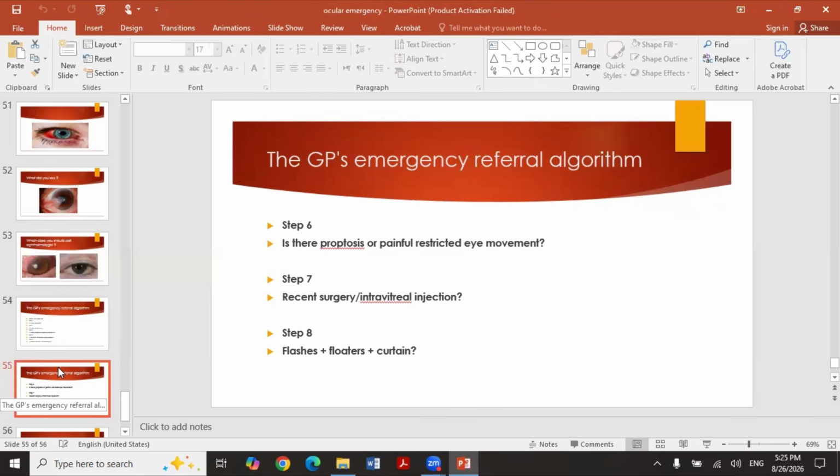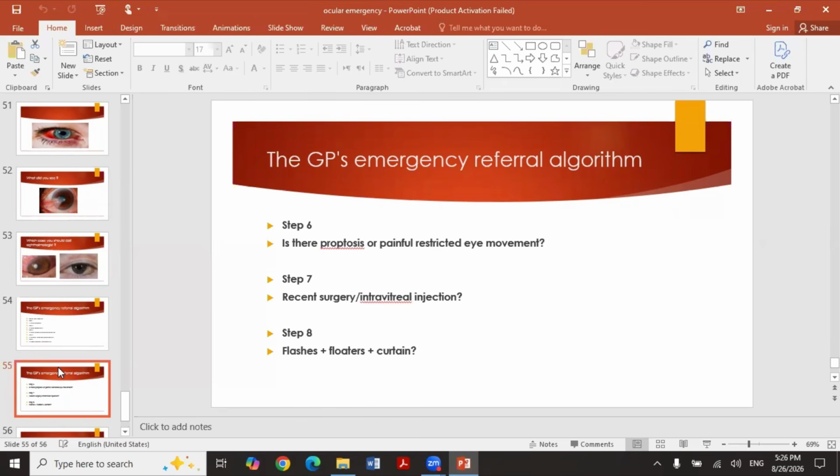So if the patient complains of only floaters, this is not an emergency. Sometimes they call me when the patient comes with floaters. Floaters may be physiological vitreous changes. But if floaters come with severe flashes of light, and the flashes are continuous, that is different. If the patient says the flashes of light come one time per day, this is not an emergency.